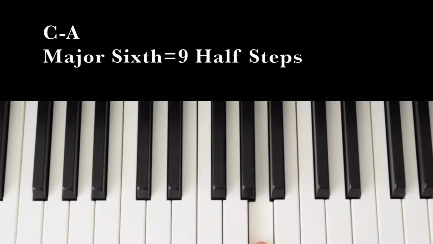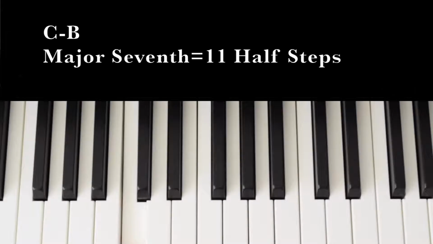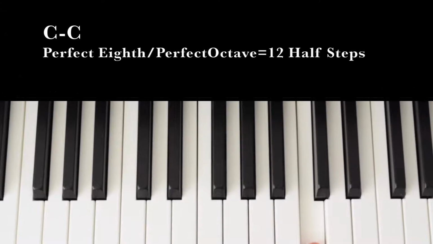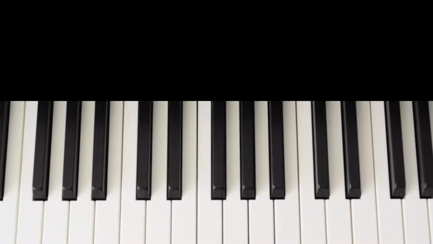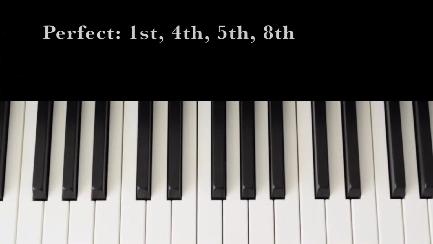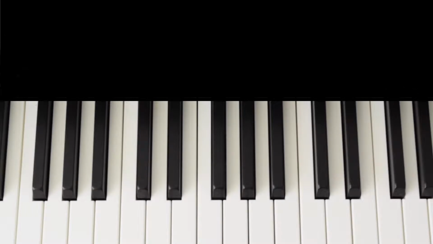C to A, major sixth, 9 half steps. C to B, major seventh, 11 half steps. And C to C, a perfect octave, which is 12 half steps. So major and perfect are used to describe the interval. Major is used for the second interval, third, sixth, and seventh, while perfect is used for the first, the fourth, the fifth, and the eighth.